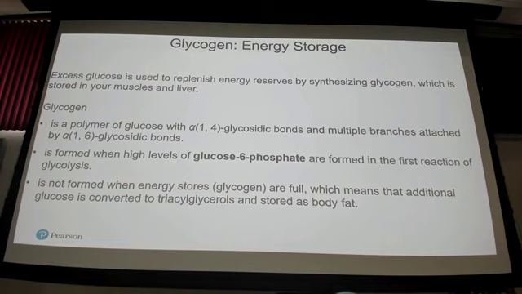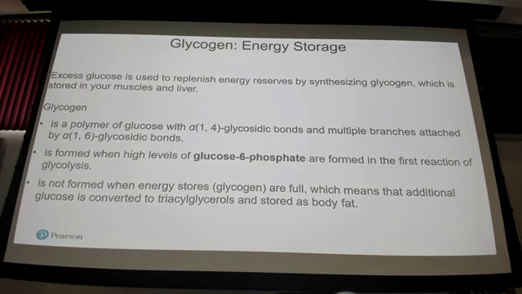So glycogen is formed when there are high levels of glucose 6-phosphate. And that means that our body has enough glucose. And so when we have enough glycogen in our body, any excess glucose is not going to form more glycogen. It's going to make you look like me.